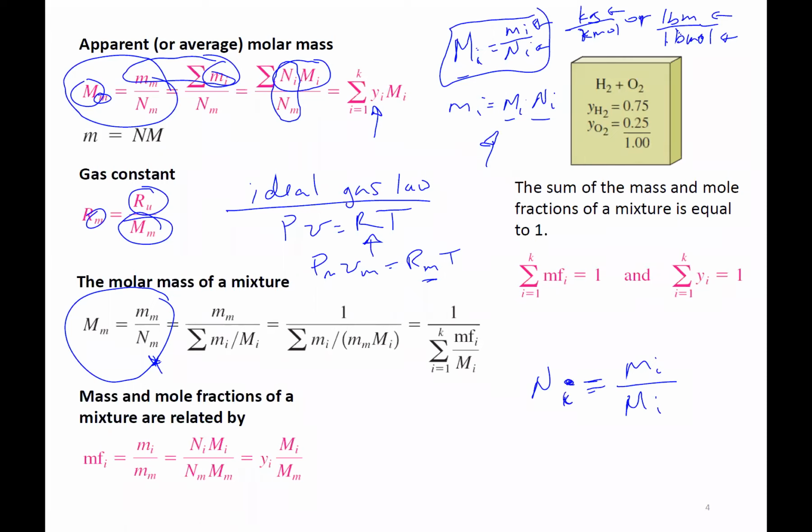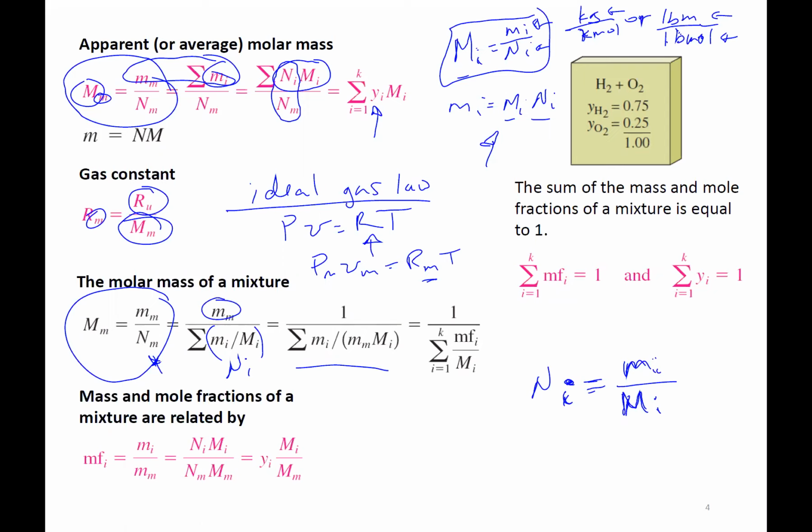So we have Ni equals the mass of that individual component divided by its molar mass. If we do that here, we substitute in the summation of all the individual ones, which is just the mass over the molar mass of the individual. And now they took this mass of the mixture and divided it.